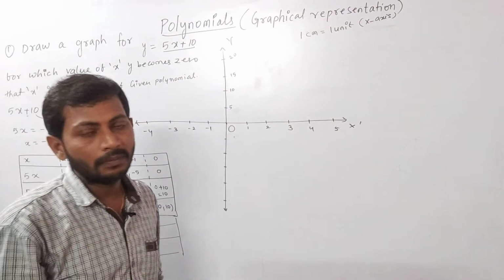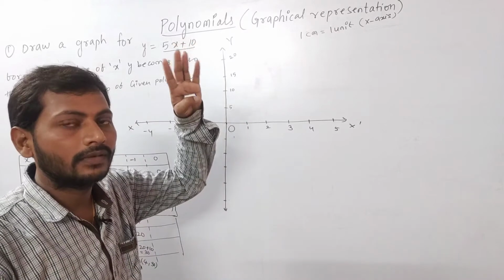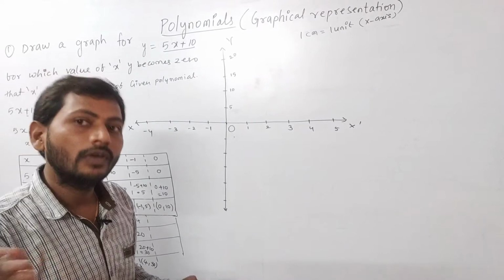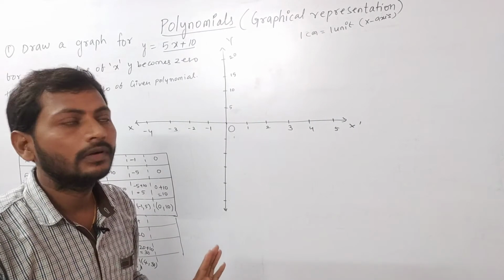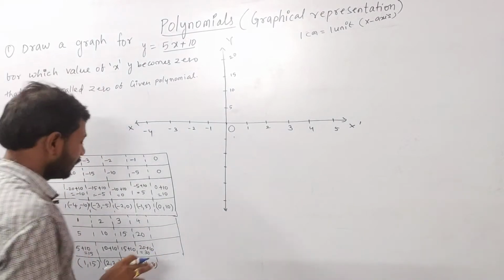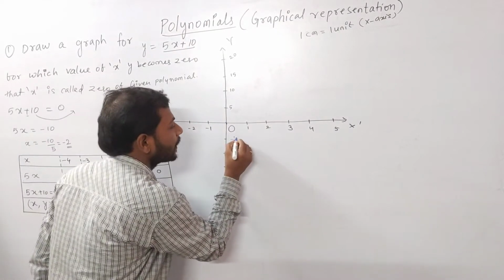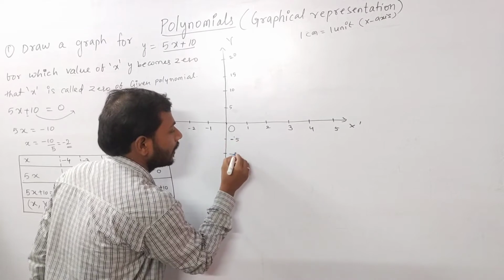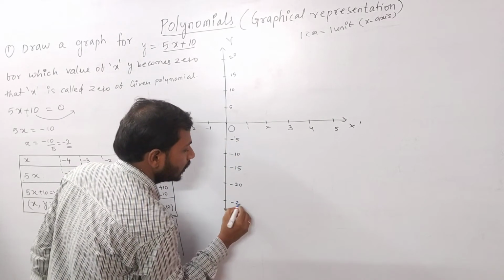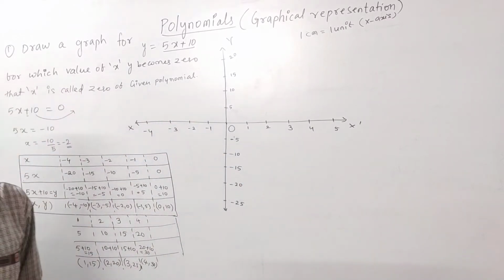If your graph paper is a little bit bigger, you can draw more lines, but I can draw only up to this much. No problem? Now downward I am going to write -5, -10, -15, -20, -25.